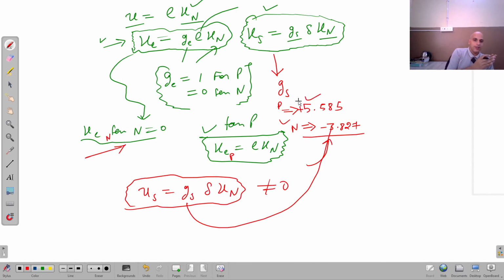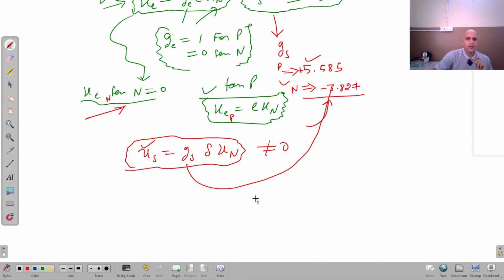So you can see here, in the case of a proton, the value of Gs is positive. It means mu s is positive, not negative. So we can say that the spin magnetic dipole moment and spin angular momentum are in the same direction. But here it is negative. It means when I put the value of Gs, I will get something like this: mu s is equal to negative 3 point something into s into mu n.